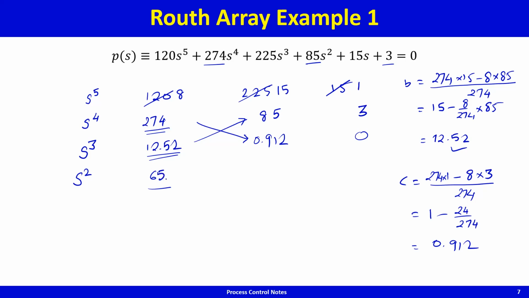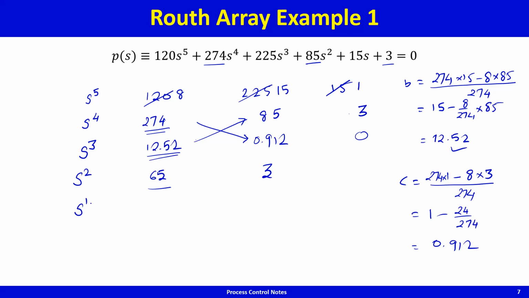Slight mistakes in calculations are okay because you're not just interested in the sign. What is this element going to be? This element is going to be this times this minus 274 times 0 divided by, so this is going to be 3. Okay. Now we come to the s to the power 1 element.